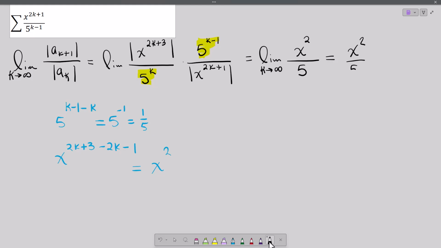This is all constant, so the limit of a constant is a constant. We could do exactly what you just suggested, but the bottom line is that that's going to be our overall limit. The overall limit is going to include the x. The x is still there.